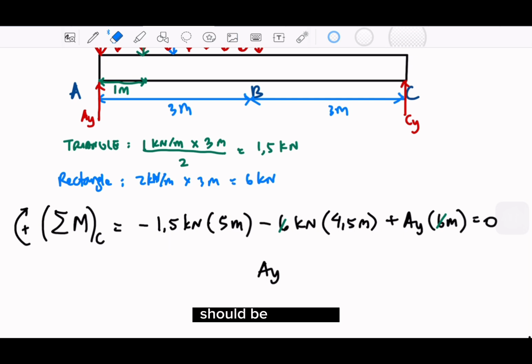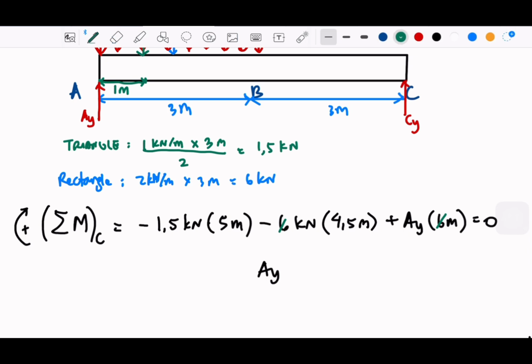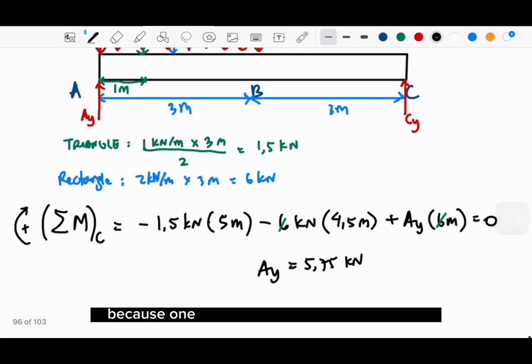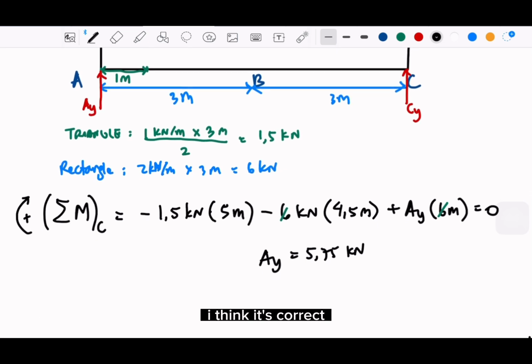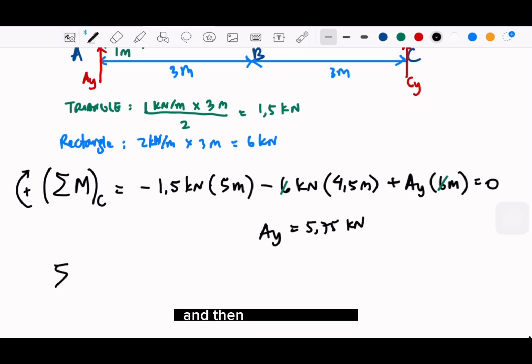Should be 5, right? Should be 5.75, right? Because 1.25 plus 4.5. Okay, I think it's correct. And then one more here.